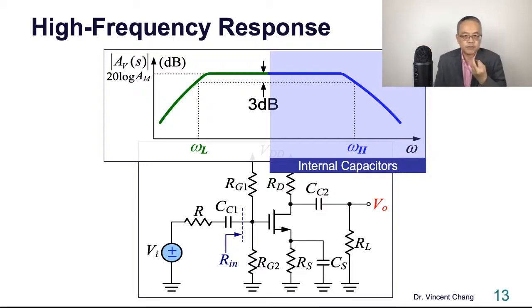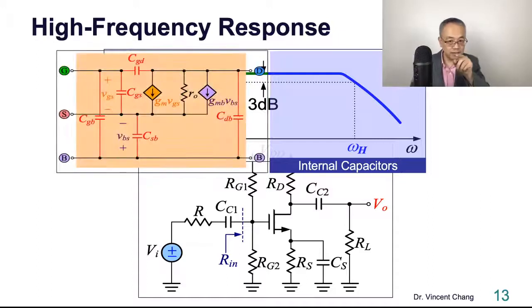The internal or external, with respect to what? With respect to the semiconductor device, the MOSFET. A capacitor within the device I call an internal capacitor, but outside the device is called external. In this case, CC1, CC2, and CS are the outside ones.